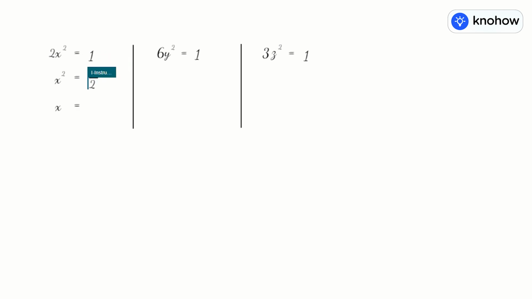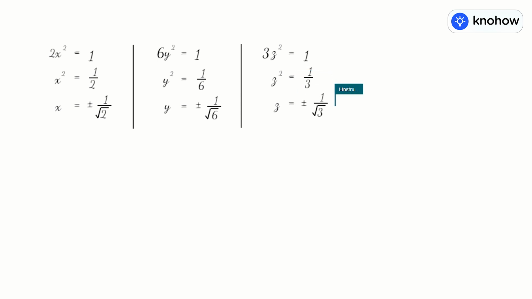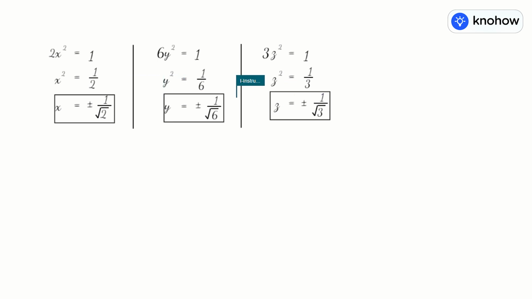Y square equal to 1 by 6. So y equal to plus minus 1 by root 6. And z square equal to 1 by 3, or z equal to plus minus 1 by root 3. So these are the values of x, y, z. Plus minus 1 by root 3, plus minus 1 by root 6, plus minus 1 by root 3. I'm sorry, x is plus minus 1 by root 2.